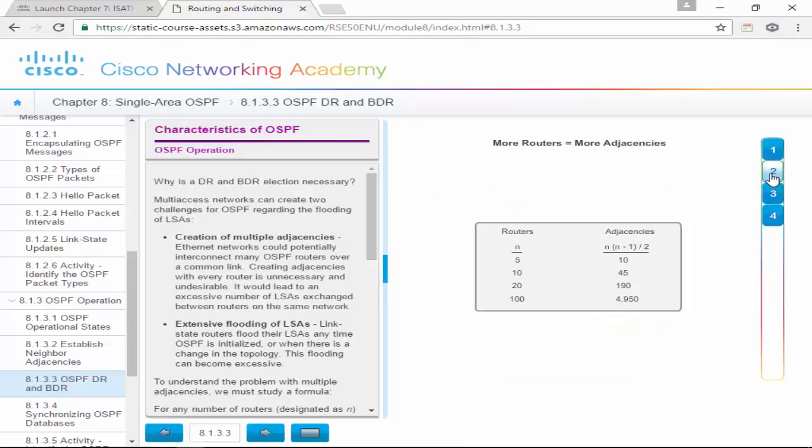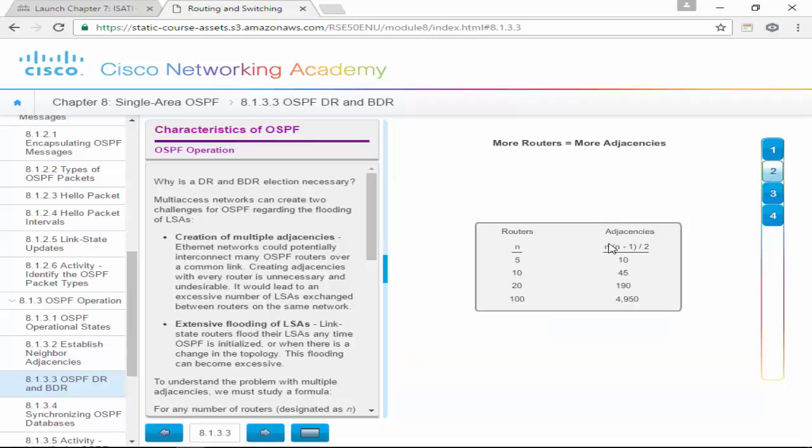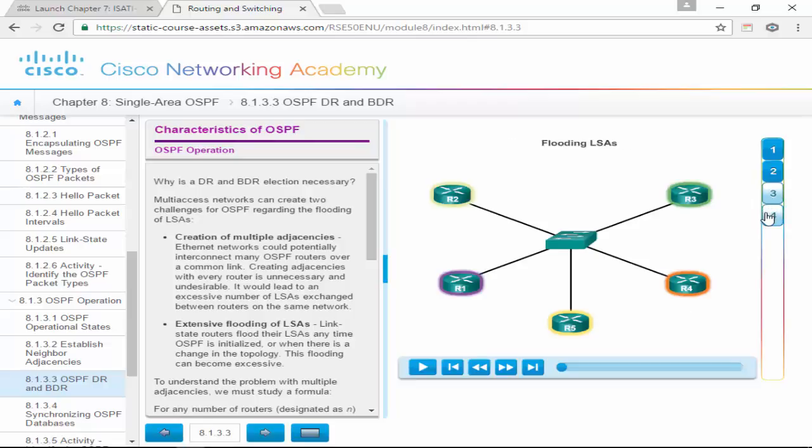So after these are all flooded, which now it's going to talk about adjacencies, which is kind of just talking about the more routers we have, the more adjacencies we have. We can get that by n times n minus 1 divided by 2. That shows us how many adjacencies. The more adjacencies we have, the more flooding of LSAs makes it bad, and this is why we want to go into multiple areas, right?